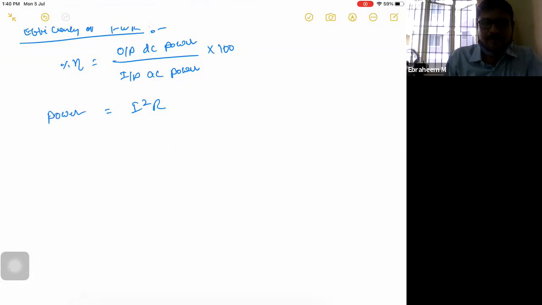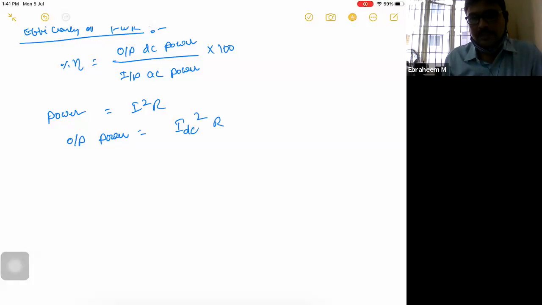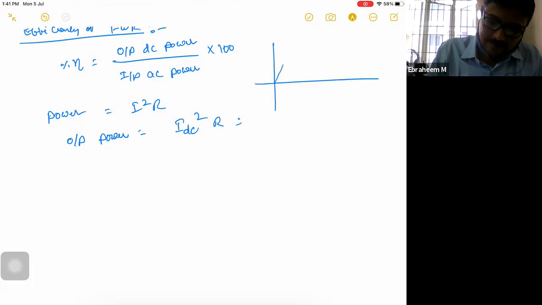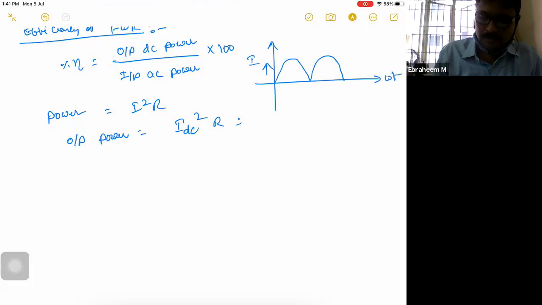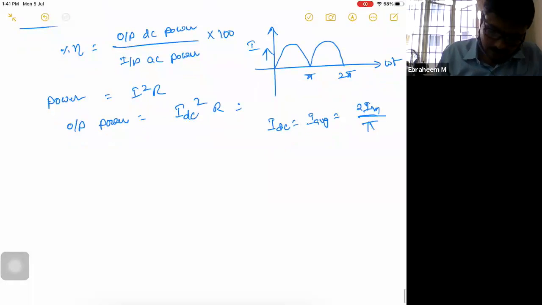Power is given by I square R. Now here output power is equal to IDC square into R. If you find the DC or average value of this type of waveform, with pi and 2 pi, IDC is equal to I average, which is equal to 2 Im by pi, whereas for the half wave rectifier it is Im by pi, which we have seen in the previous class.